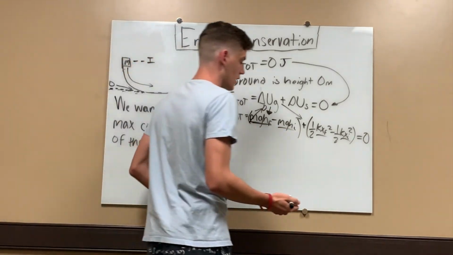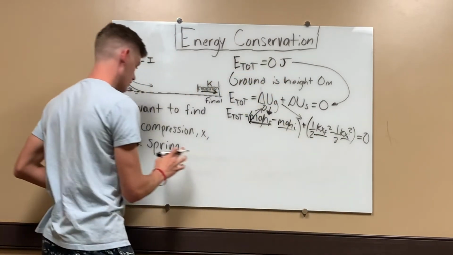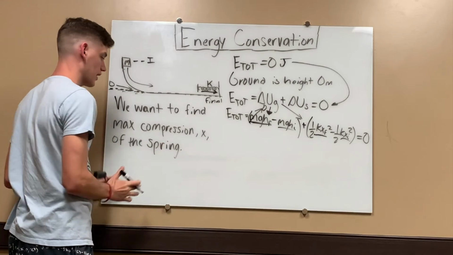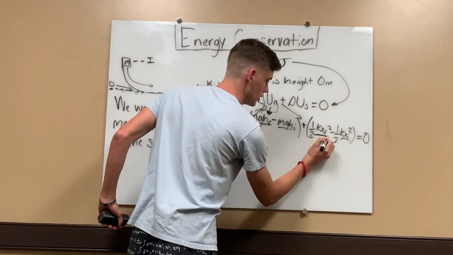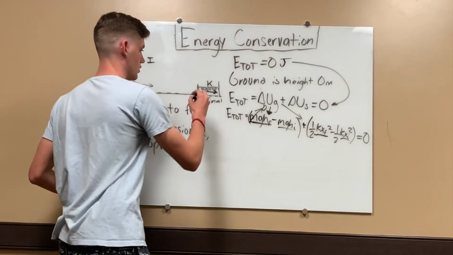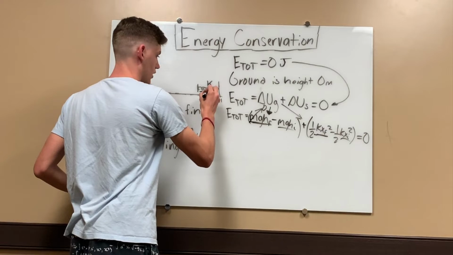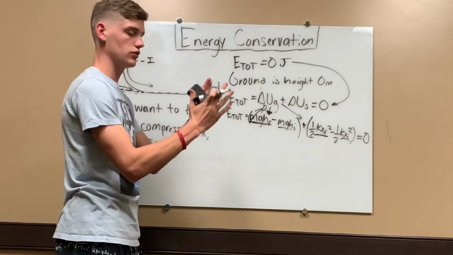In our final position, when this spring is at its maximum compression, this x here is at its max. It has gone completely in. So this is a full x. It went from being relaxed to fully compressed.